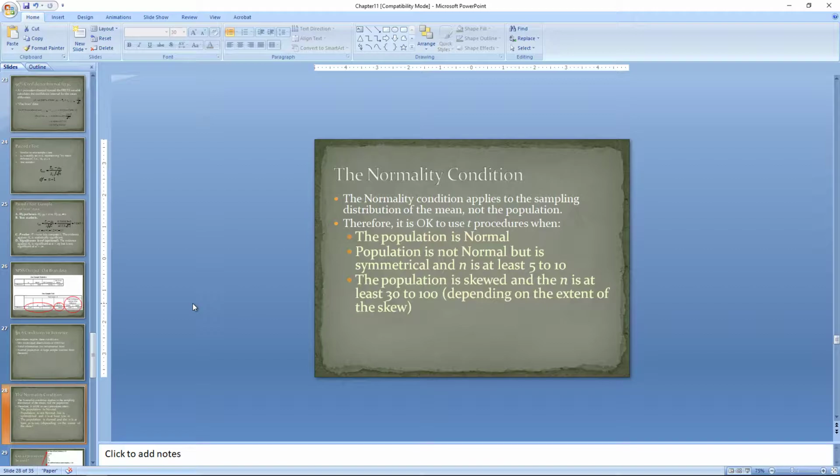So if the sample is under 30 and it is skewed, we probably wouldn't want to use a t-test for that. We really want it to be somewhat of a normal distribution, or if it is skewed, it needs to have a high enough number of people in the study.